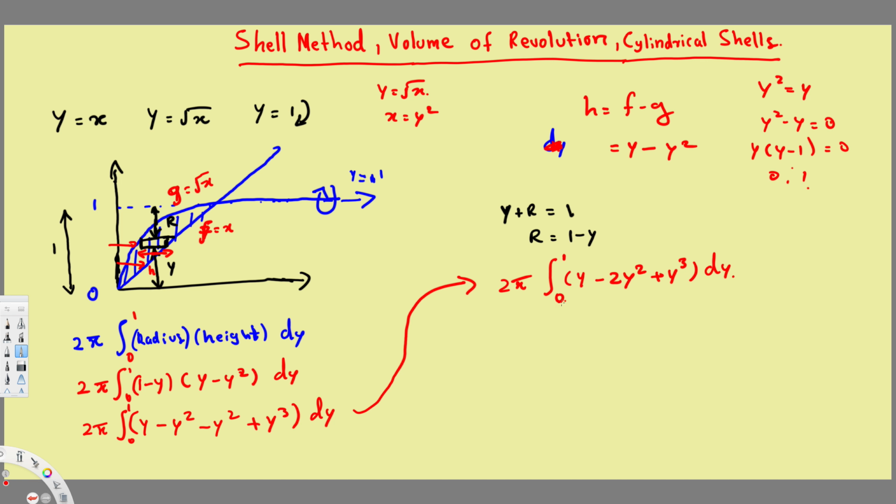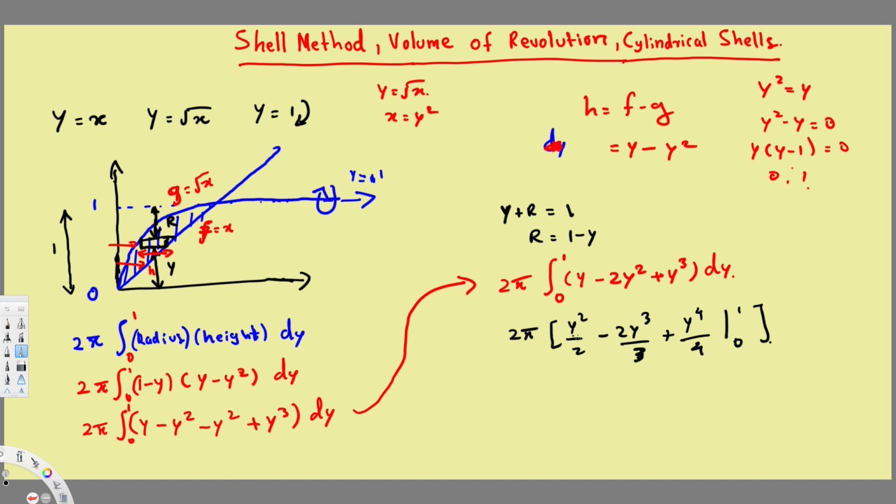Let's do the integration and then apply the limits. If I integrate this, I get y squared over 2 minus 2y cubed over 3 plus y to the power 4 over 4, going from 0 to 1.